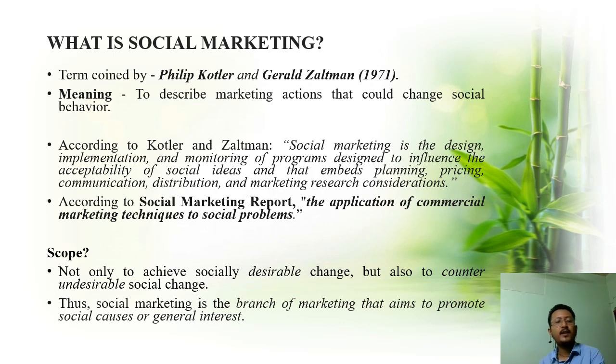We'll be slowly getting a better understanding of this in the coming slides. It is also said that social marketing is a branch of marketing that aims to promote social causes or general interest, right? I hope it is getting clear. In other words, social marketing promotes socially desirable changes or prevention of undesirable actions or behavior.